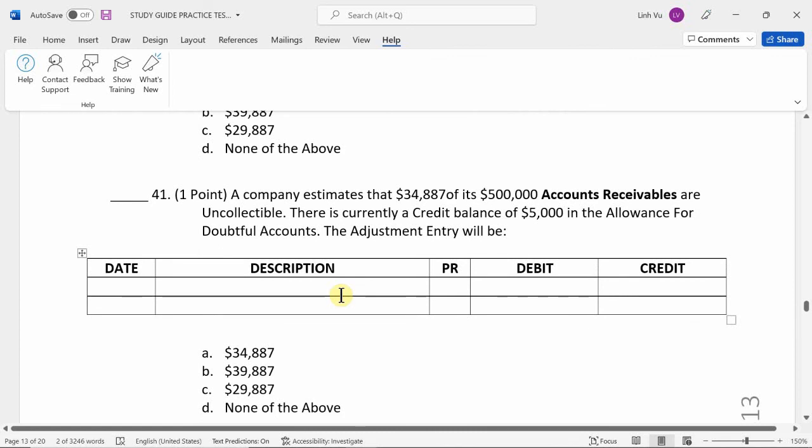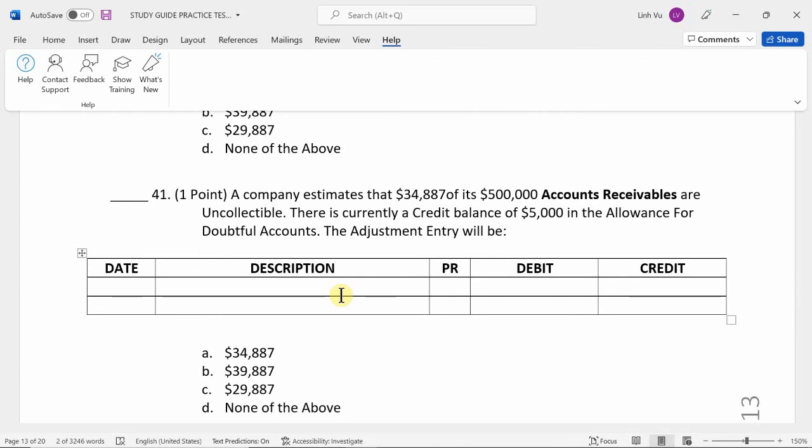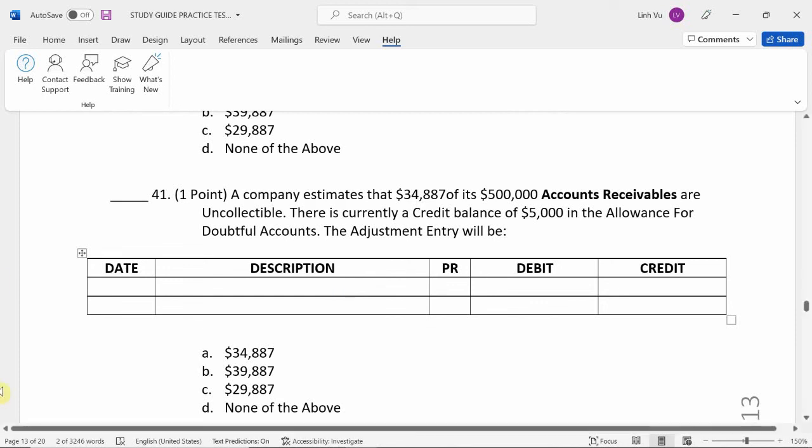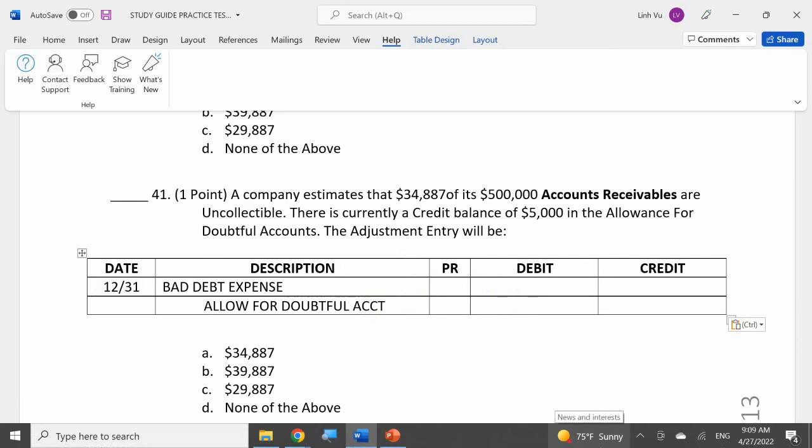Okay. What about 41? If a company estimates that 34,887 of a 500,000 accounts receivable is to be uncollectible, and there's currently a credit balance of $5,000 in the allowance for doubtful accounts, then the adjustment entry will be C, right? 29,887. Because in this case, accounts receivable is going to tell you this is the balance sheet method, right?